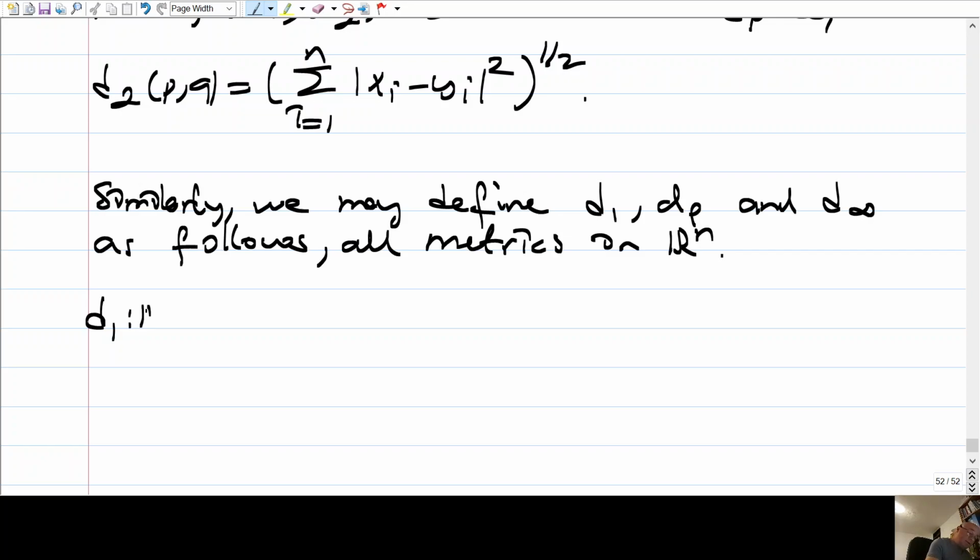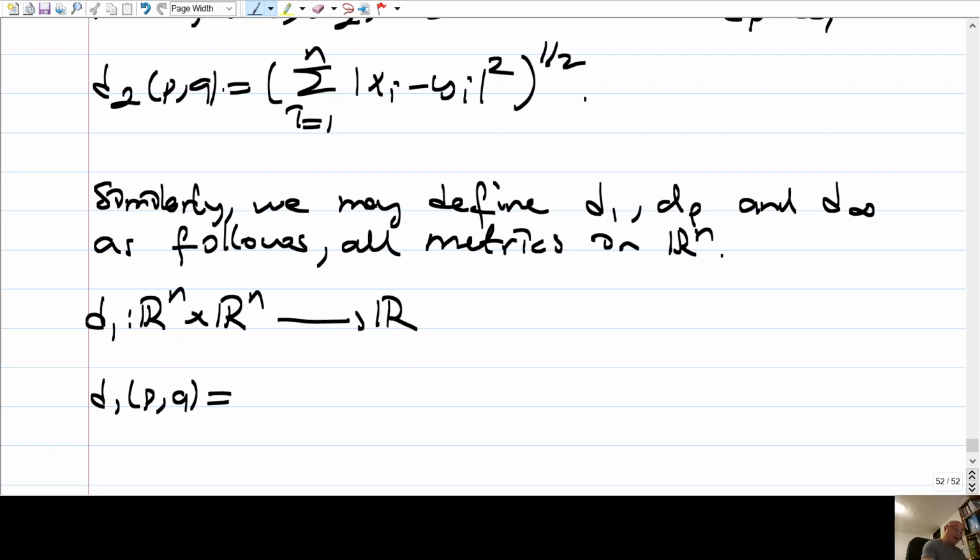D1 is this one. So D1 of P, Q, similar to this one, instead of 2, I have 1. So I will not take the square. I will just write 1 here, first power, just the absolute value, and to the power 1 over 1, which is 1.